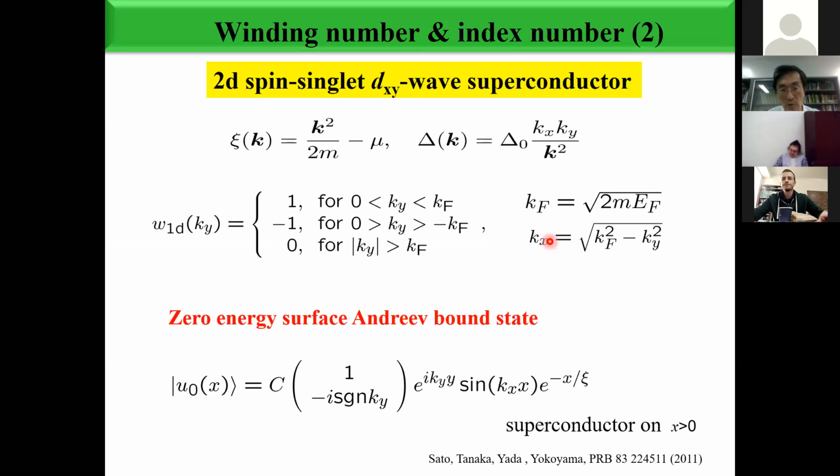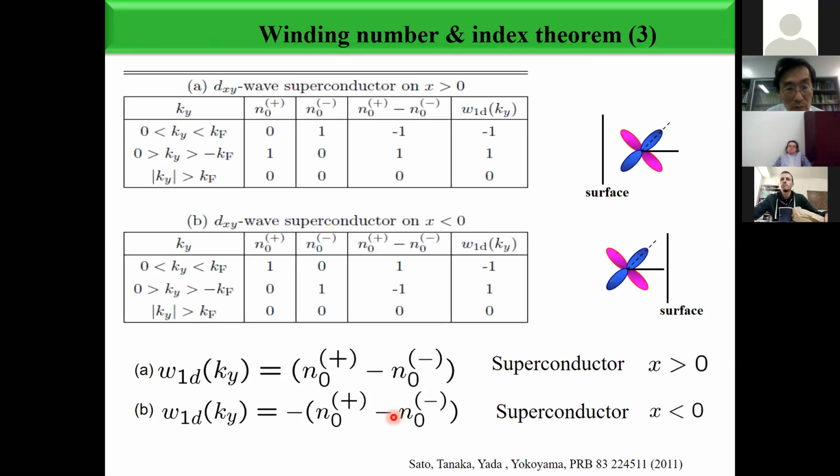The important point is that we must discuss the pair potential, which is available over all momentum k, so we define Δk a little bit artificially like that. Then the zero energy surface Andreev bound state solution is automatically given like that. Depending on the sign of ky, this sign changes, but it can be written like that. Then we have checked that this theorem is satisfied.